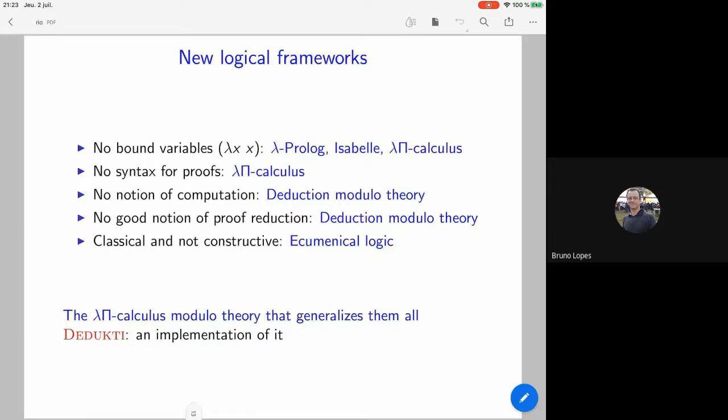And the system I'm going to speak about before I speak about Logipedia is called Dedukti, and Dedukti is an implementation of the lambda pi calculus modulo theory. So Dedukti is itself an implementation of a logical framework where we can have bound variables, we have a syntax for proofs, we have a notion of computation, we have a notion of proof reduction, and we can mix classical and constructive proofs.